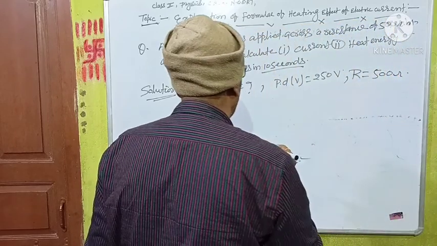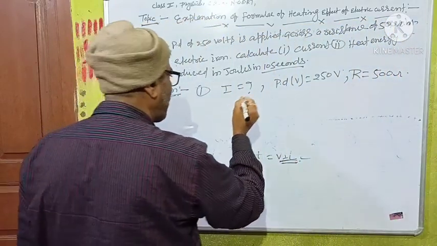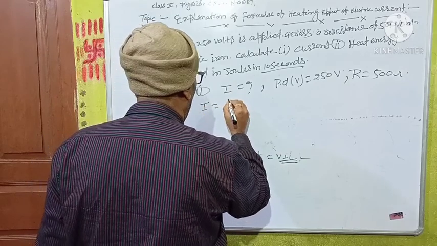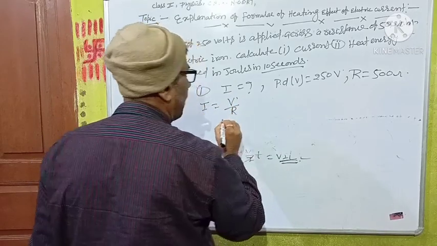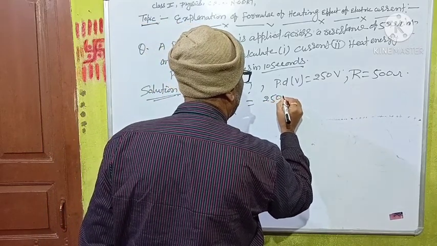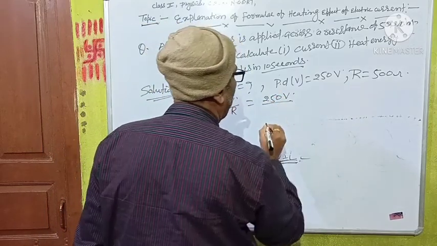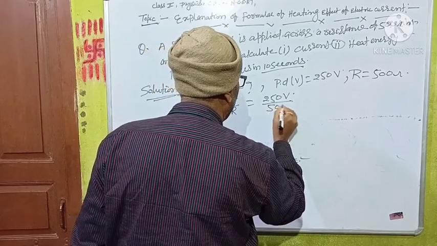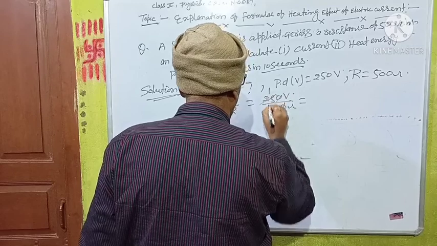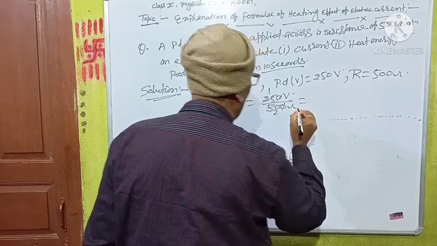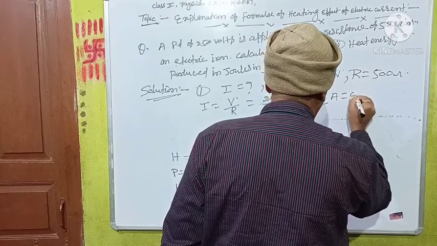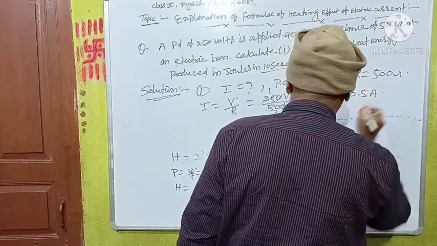Here we know that I is equal to V by R, is equal to 250 volt by 500 ohm, is equal to 1 by 2 ampere, is equal to 0.5 ampere.